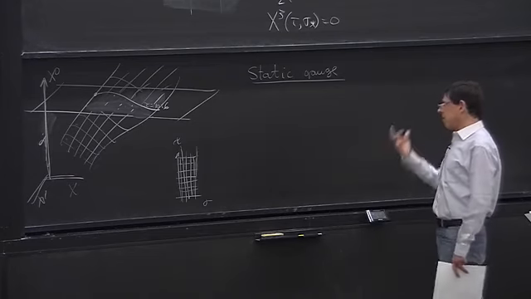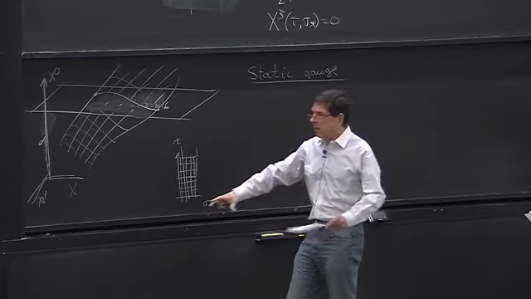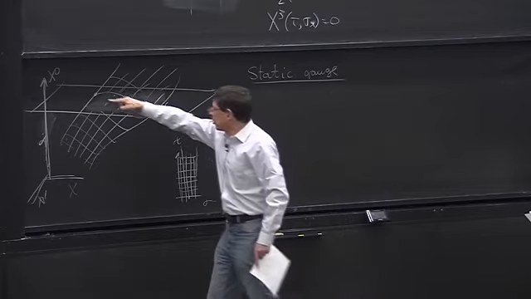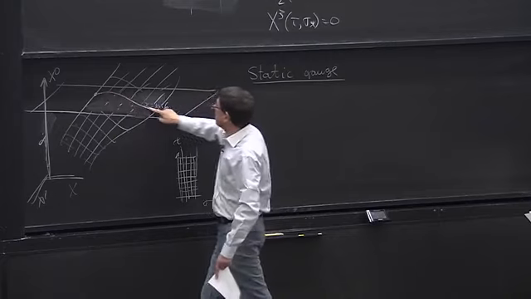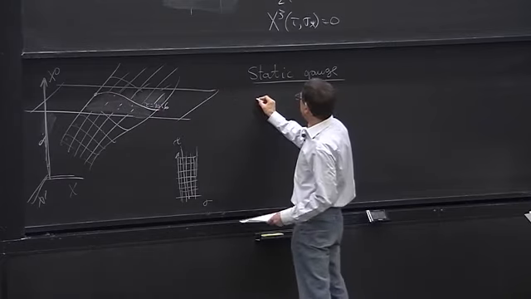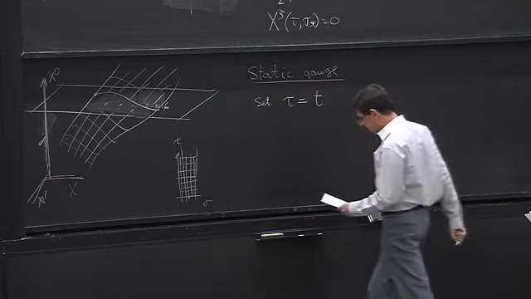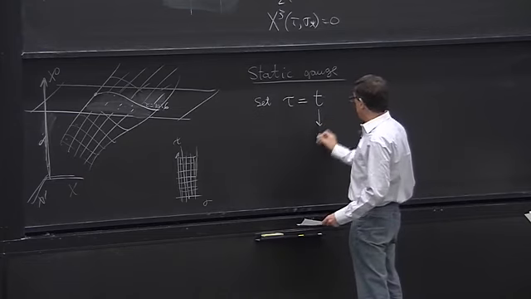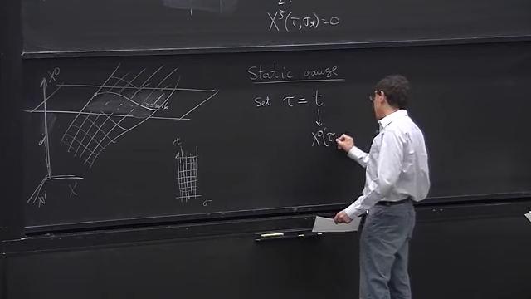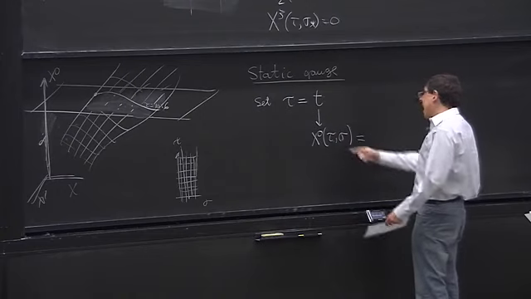You have to try to think about what it really means. It really means that at some time you take a picture of the string, and that string that you see, as you see in the surface, is the string at tau equal time. So we'll simply say that we'll set tau equal to t. Now, t is what we call x0. So basically, x0 of tau and sigma is now going to be just tau.